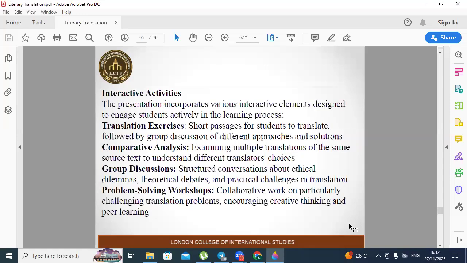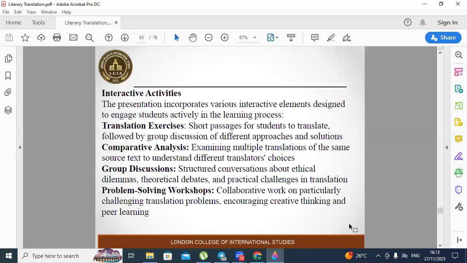Now let's go to interactive activities. The presentation incorporates various interactive elements designed to engage students actively in the learning process. Translation exercises: short passages for students to translate, followed by group discussion of different approaches and solutions.